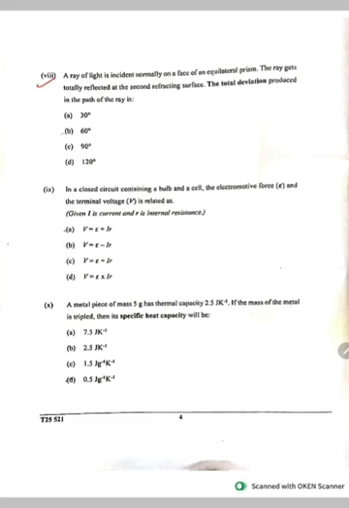So suppose there is an equilateral prism. As we know all angles should be equal, so it is 60 degree, 60 degree and 60 degree. One light ray is falling on one face of the equilateral prism at 90 degree, so without refraction it will go to the second refracting surface.